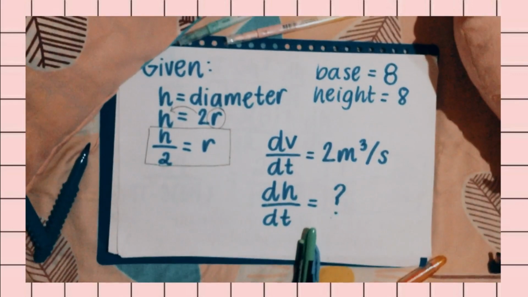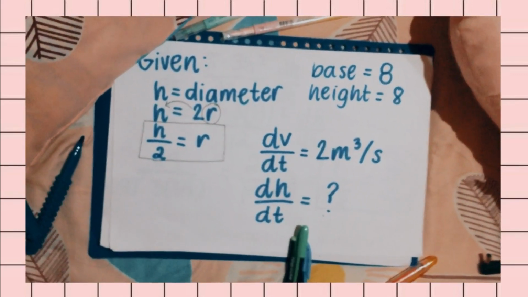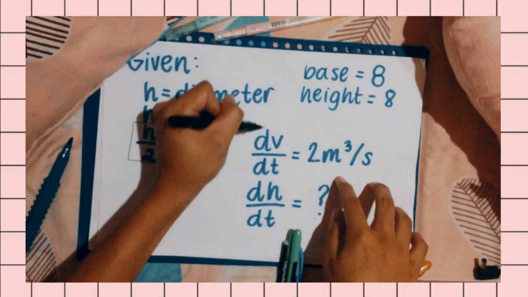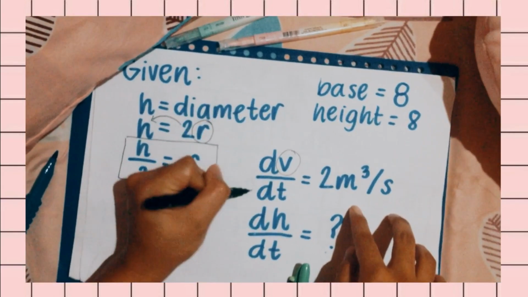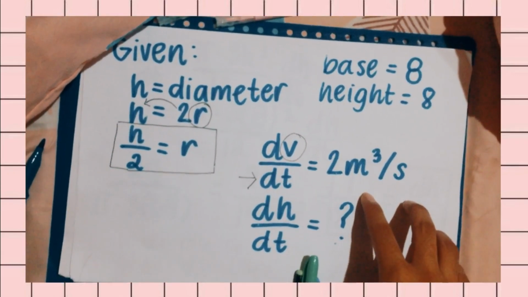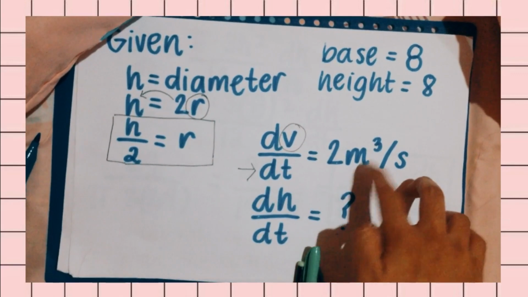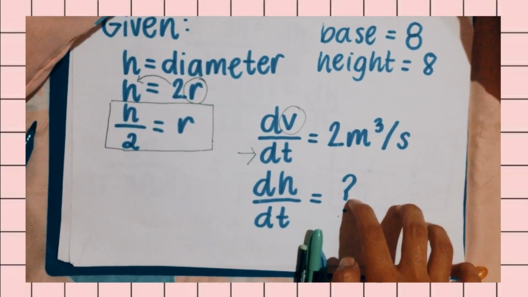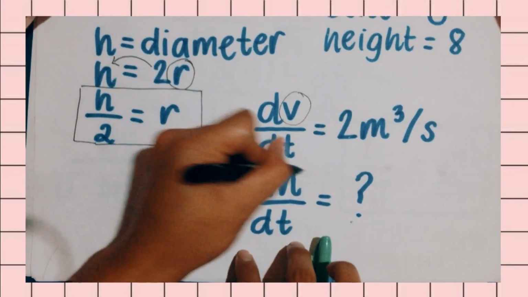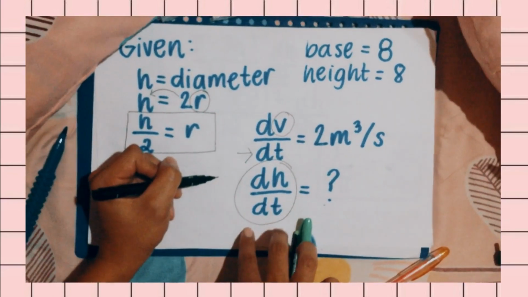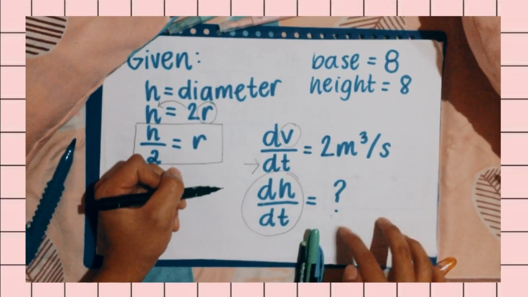The problem says the sand is poured at 2 cubic meters per second, so this is the rate of change of the volume with respect to time. So dV over dt is equal to 2 cubic meters per second. And the unknown value of the problem is how fast the height of the pile is increasing when the base is 8 meters in diameter.